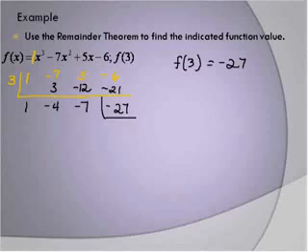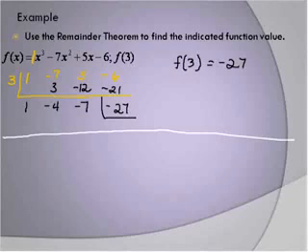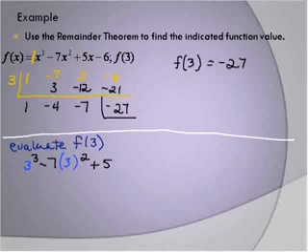Now, if we were to do that by evaluating, as we've done in the past, I'm going to put the 3 in for x. So I will have 3 cubed minus 7 times x squared, x is 3, so it'll be 3 squared, plus 5 times x, which is 3, minus 6.